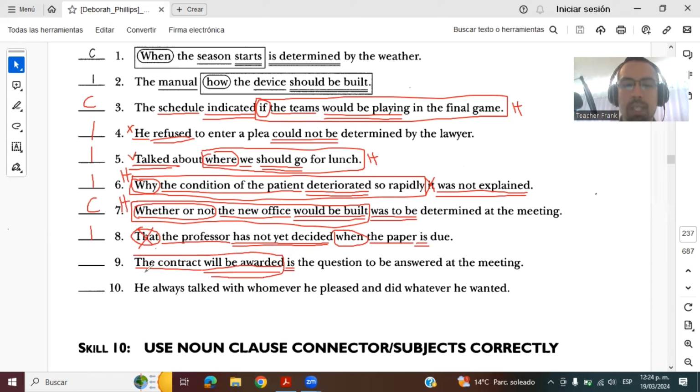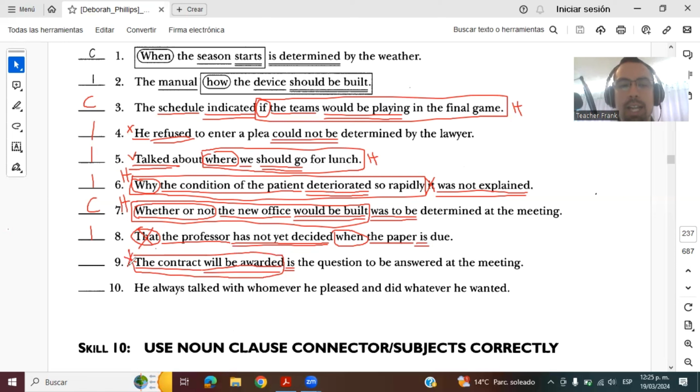But what are we missing? It's incorrect because we are missing over here my noun connector, right? When the contract will be awarded is the question to be answered at the meeting, right? We have a missing connector, and it is incorrect because of that.